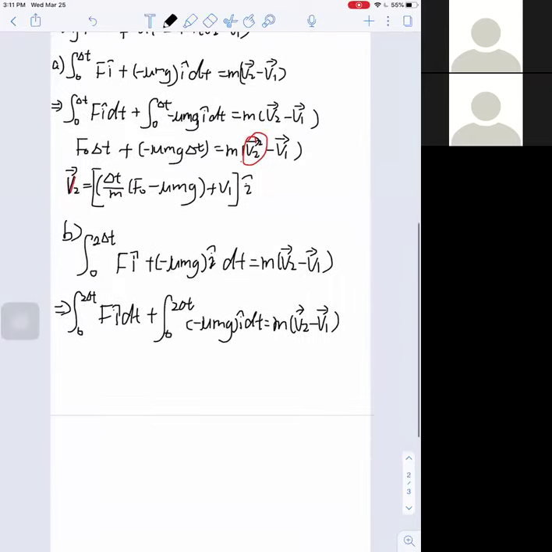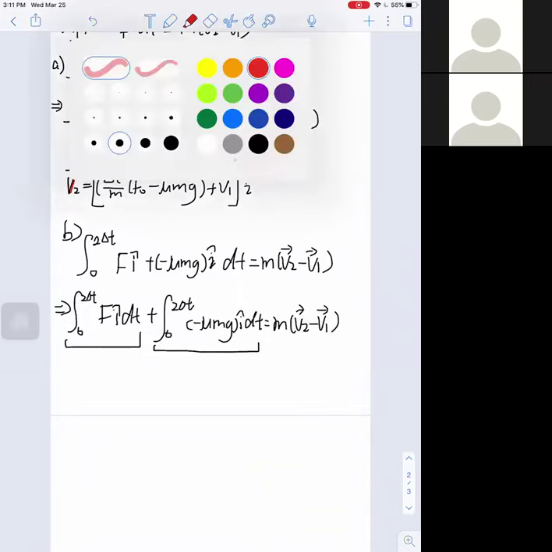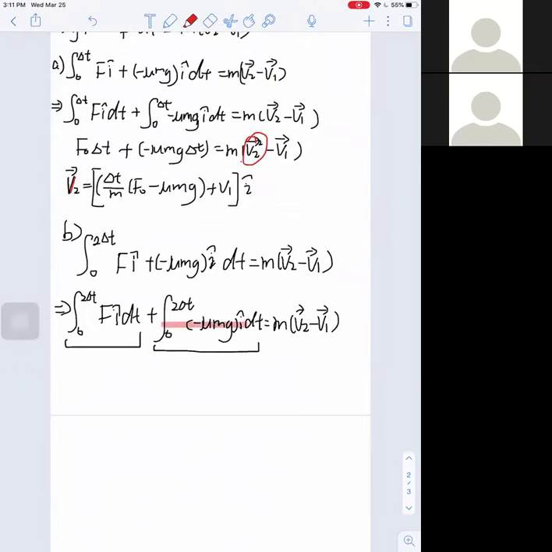Okay, so now we have these two integrals here. My first question is, what's the result of this integral here? I'm going to call someone to tell me.